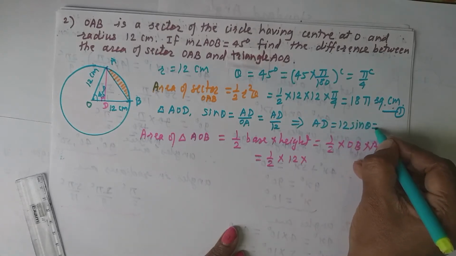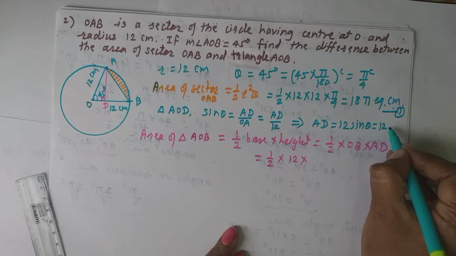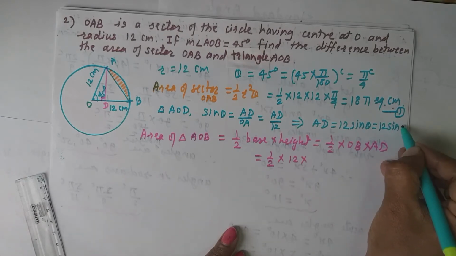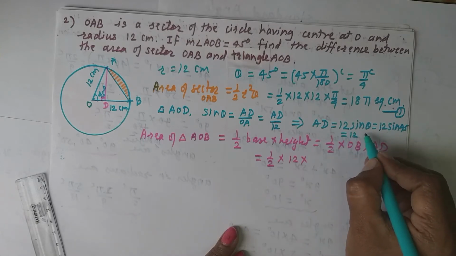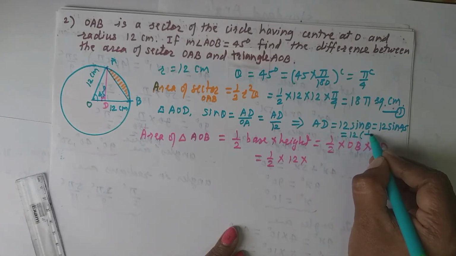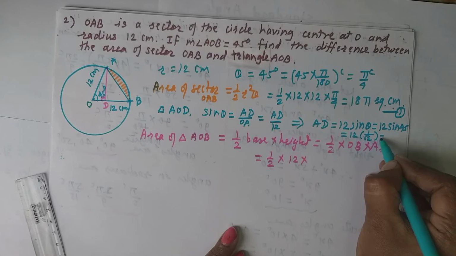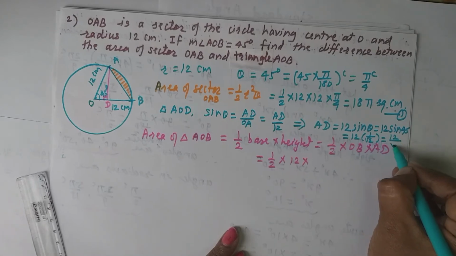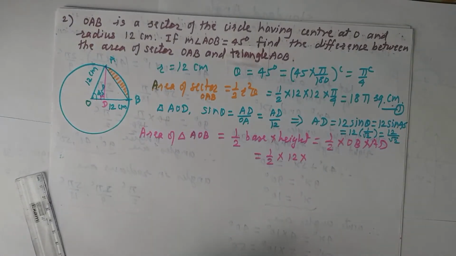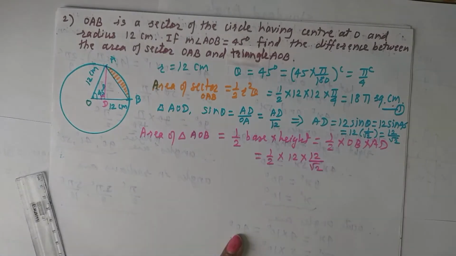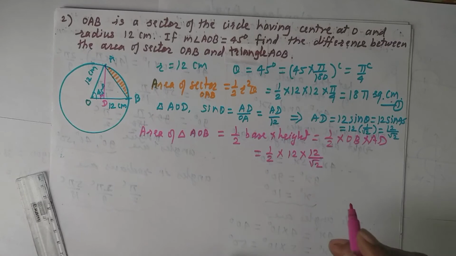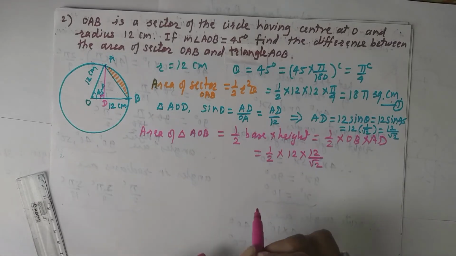And what is theta? Here theta is 45 degree, means 12 sin 45. Then keep the value of sin 45. I know that sin 45 is 1 by root 2. Therefore, keep the value of AD, that is 12 divided by root 2. Now simplify this.